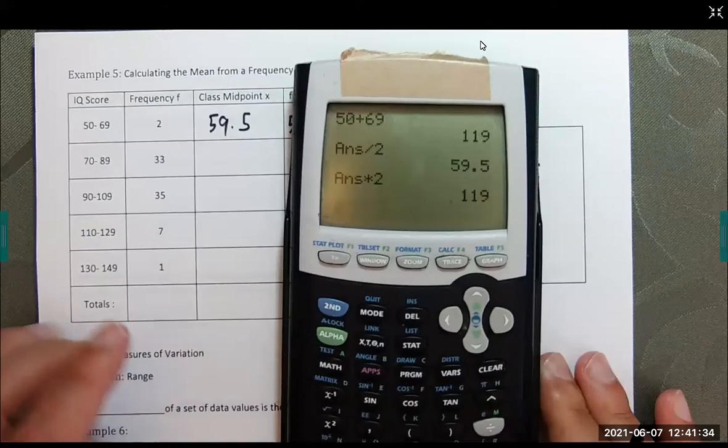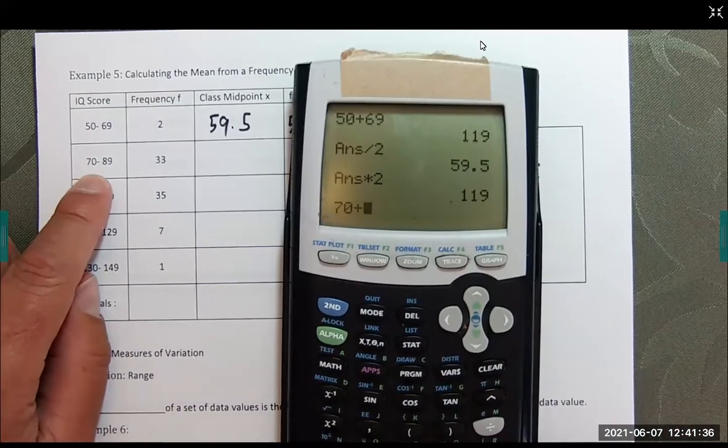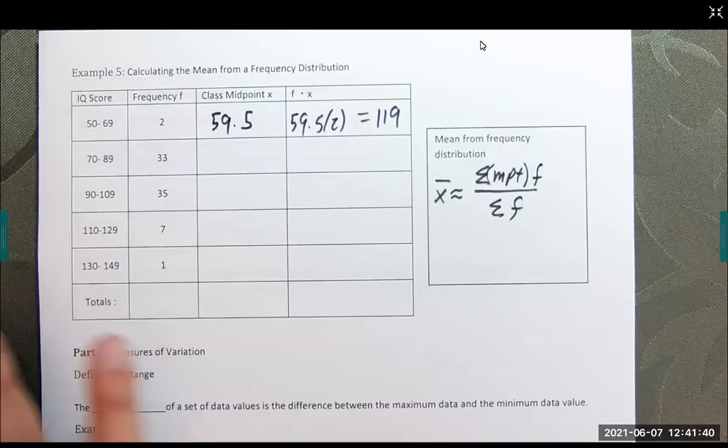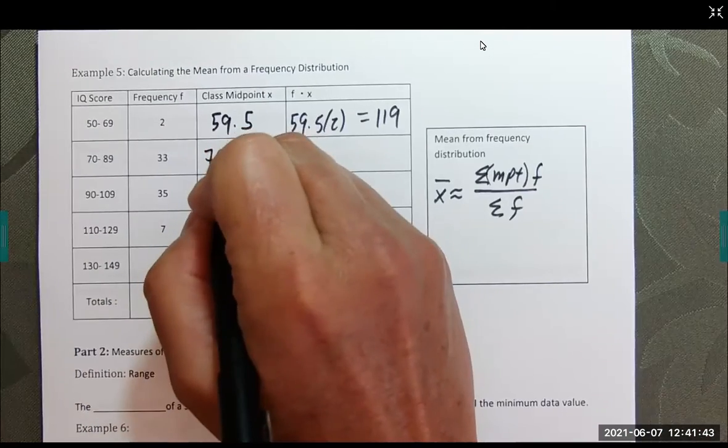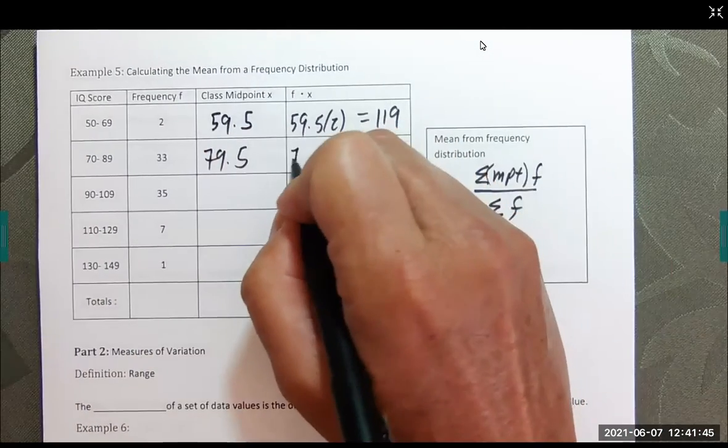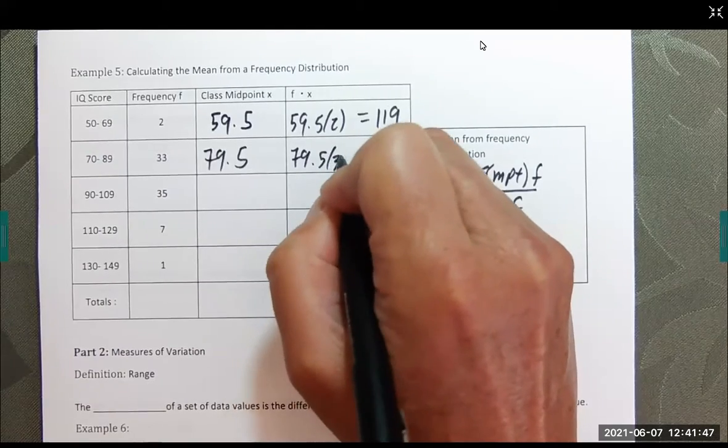Class midpoint here, 70 plus 89 divided by 2, 79.5. So 79.5 times 33.